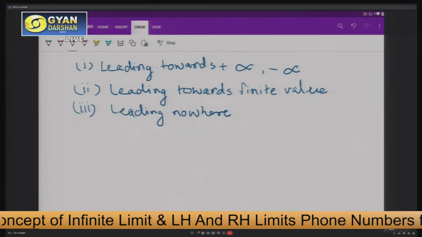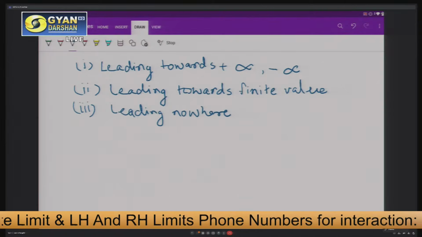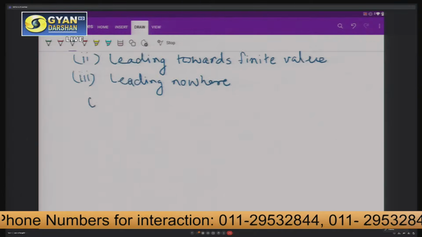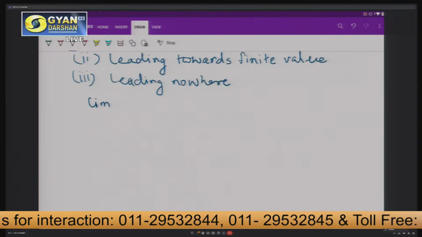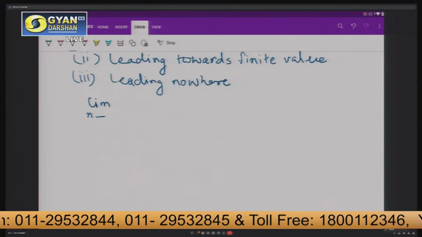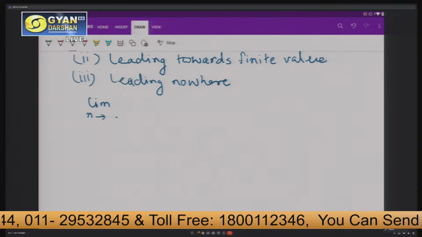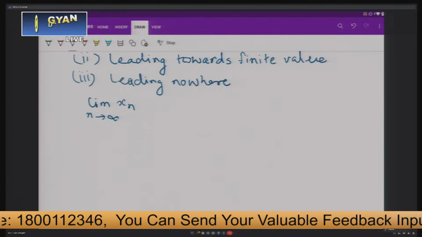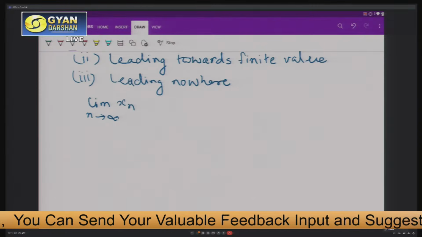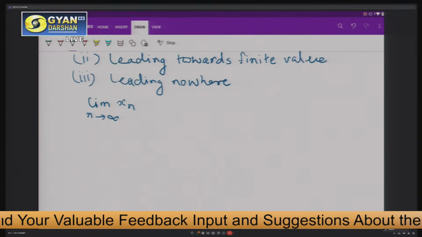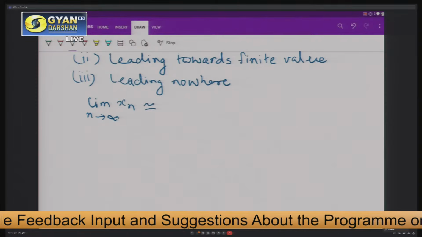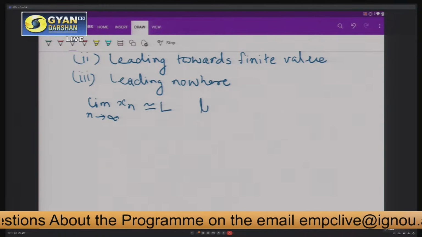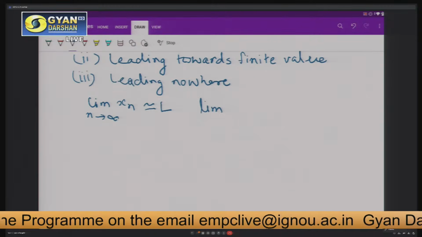We can say that it has a limiting value, and we define it: the limit, as n tends to infinity, of the value of xn is equal to some value L, and we say it tends to L.